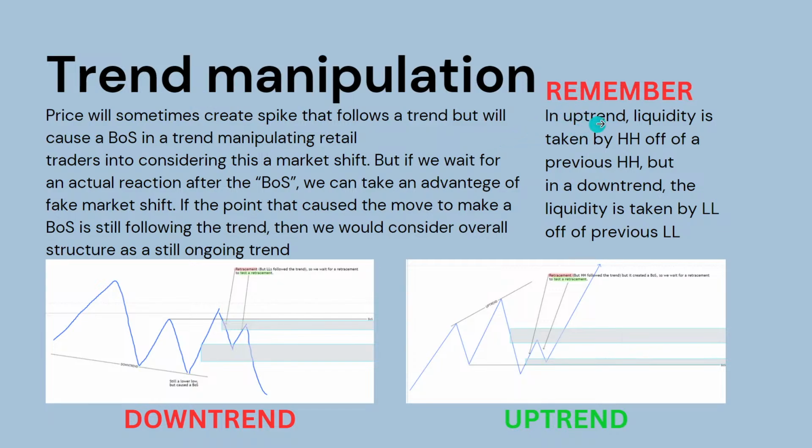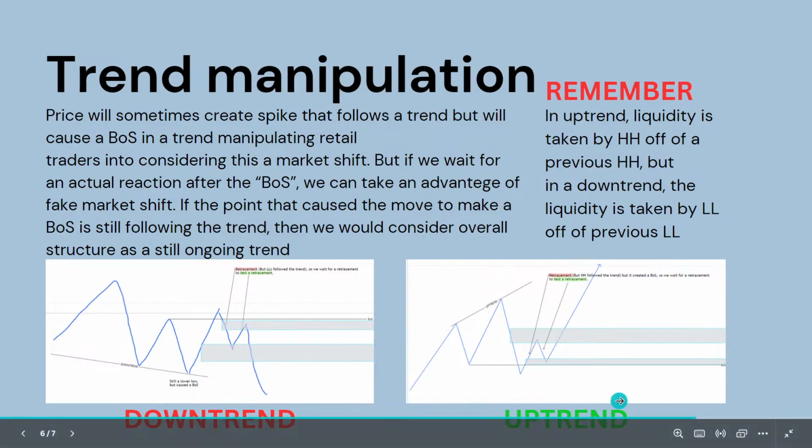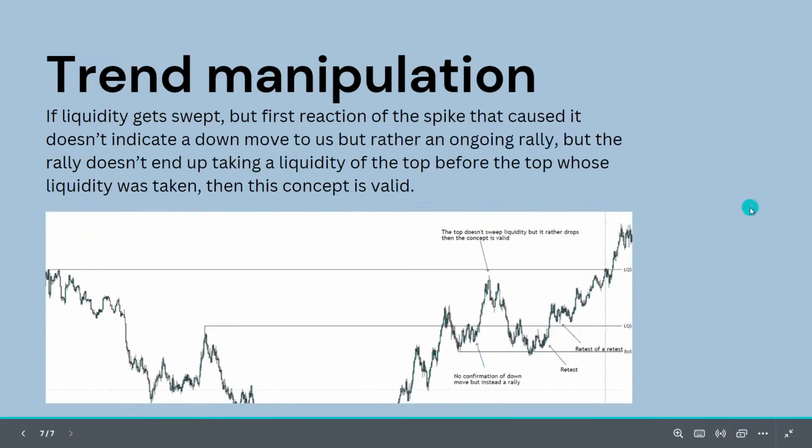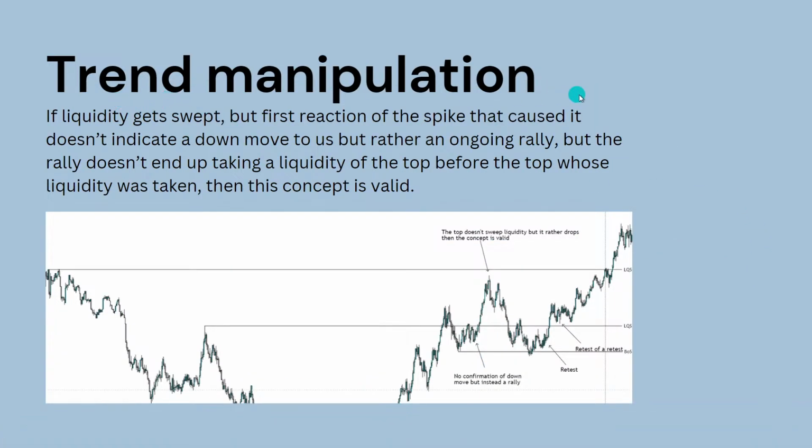Now remember, in an uptrend, liquidity is taken by higher highs off of a previous higher high, but in a downtrend, the liquidity is taken by lower lows off of previous lower lows. Okay, so this is a downtrend example, this is an uptrend example. Let's go to page 2. Trend manipulation.